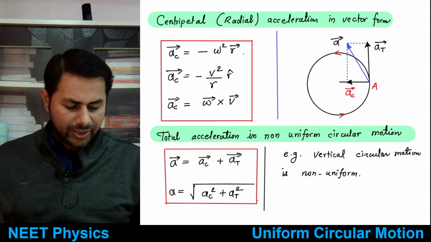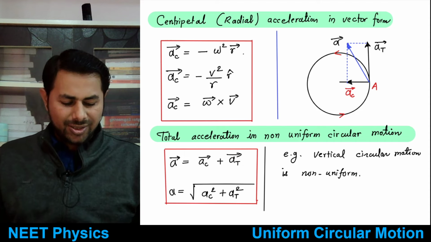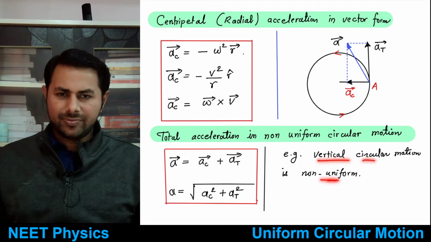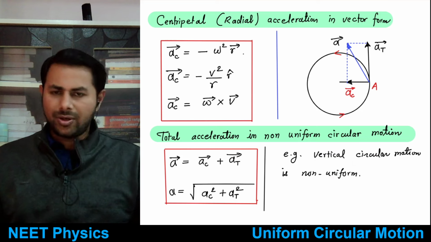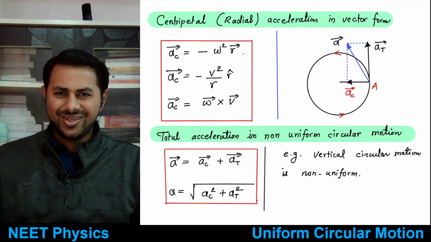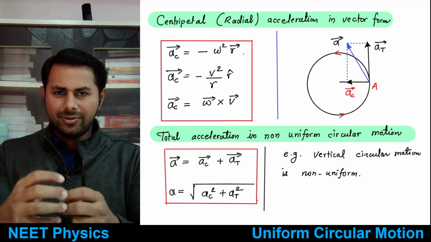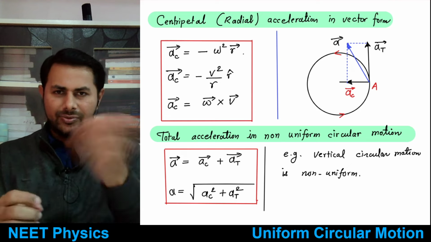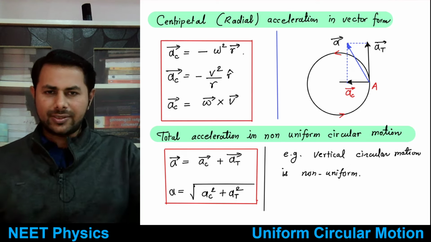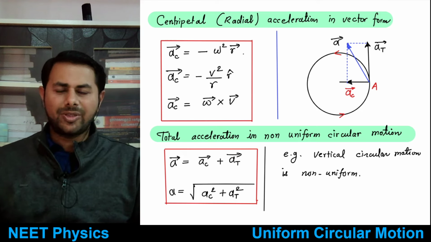Right. So what is some example of non-uniform circular motion? Any vertical circular motion is non-uniform. So can you tell me the reason behind that? Anyone? If you take an object, suppose you take a stone, and you whirl it in a vertical circle like this, then its motion is non-uniform circular motion.